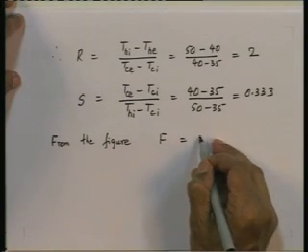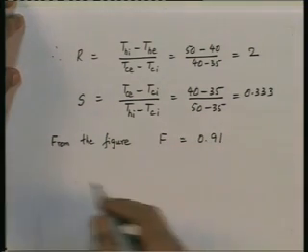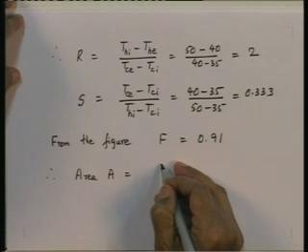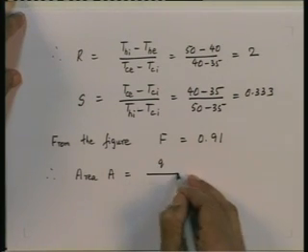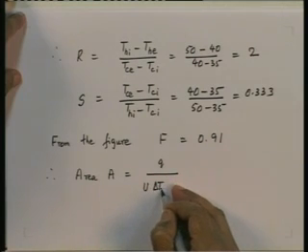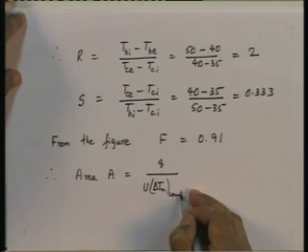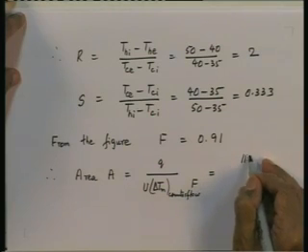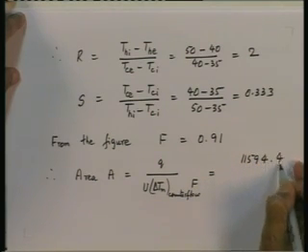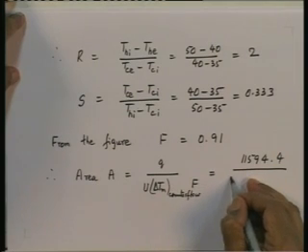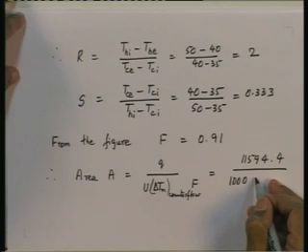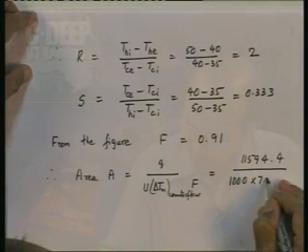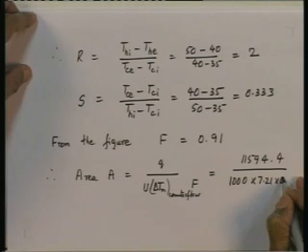F is equal to 0.91. Therefore, now last step, area A is equal to Q divided by U delta Tm counterflow into F. So, it is equal to 11594.4 divided by the value of U, which is 1000, the value of delta Tm in counterflow, which is 7.21, and the value of F, which is 0.91.